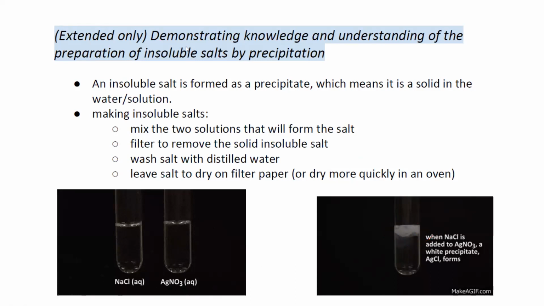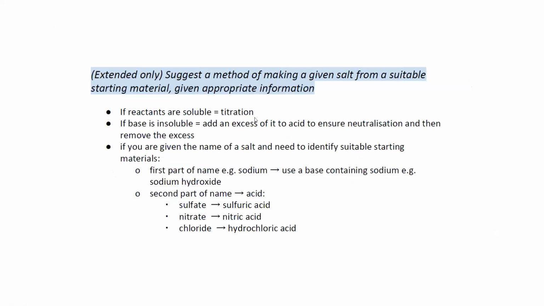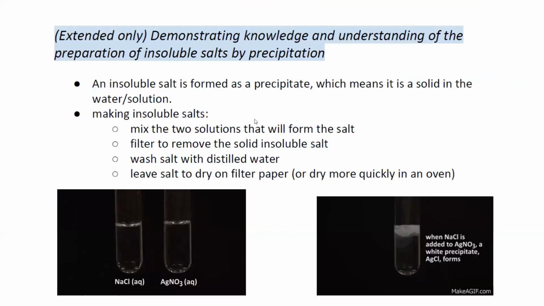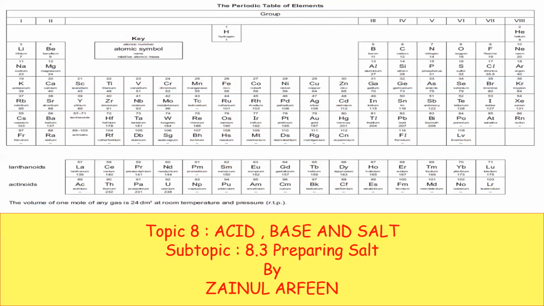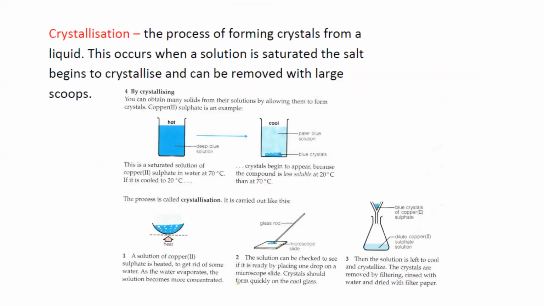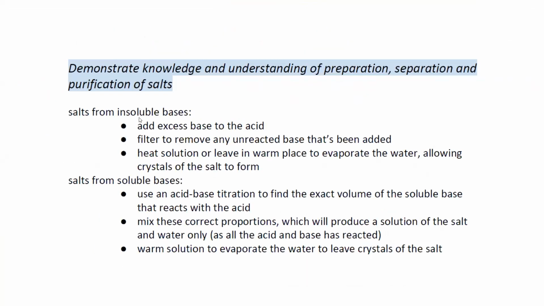So there are different ways to prepare salt as we discussed. What are the ways? I will quickly recall the methods to prepare salt. Number one, we can use insoluble bases such as metal oxide or metal carbonate. We can use soluble base, and for this we use titration.